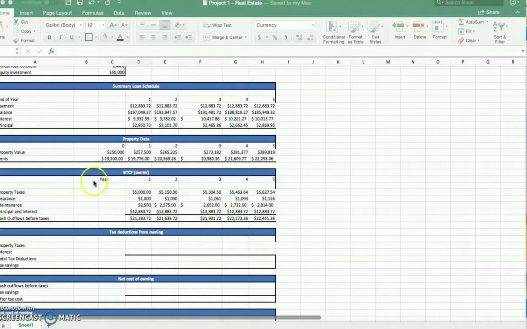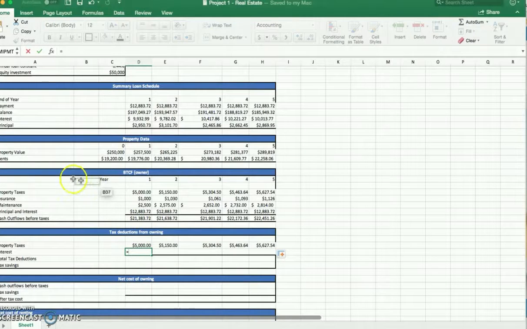We already calculated the property taxes and the interest in previous tables, so I'm just going to reference them and drag across.